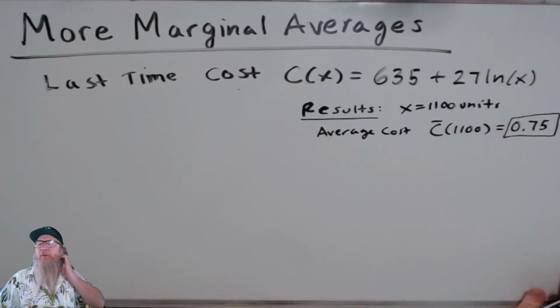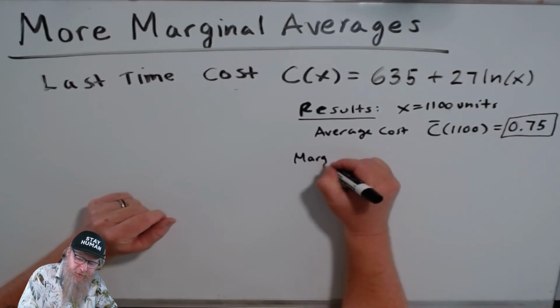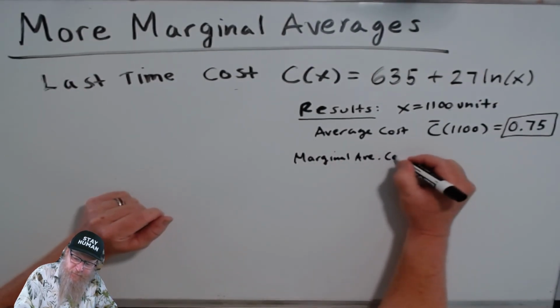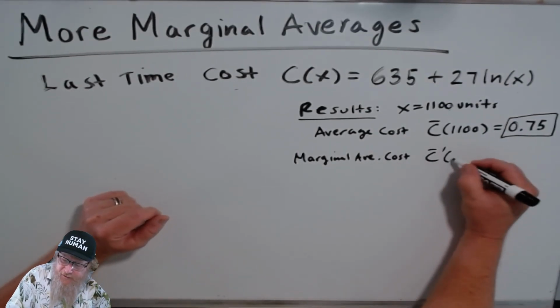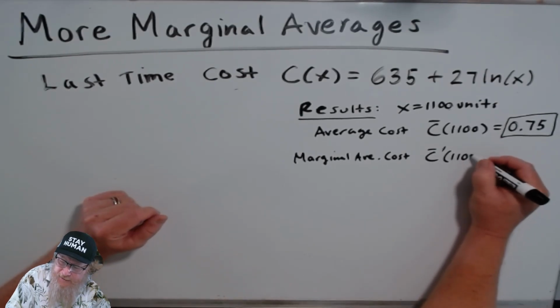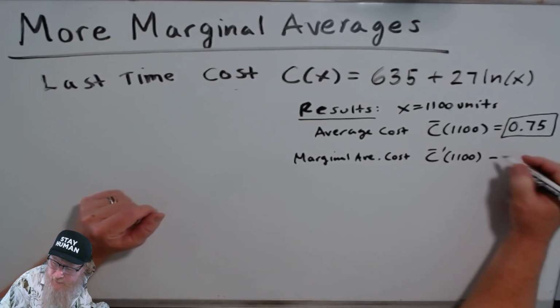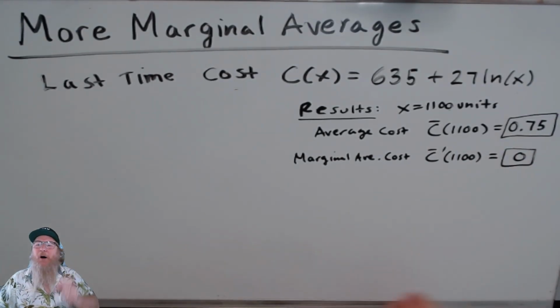Yeah, so that's kind of where we left off. And then the marginal average, which was the derivative of C bar at 1,100 units, was approximately zero. It was such a small decimal that we had to round it to zero.